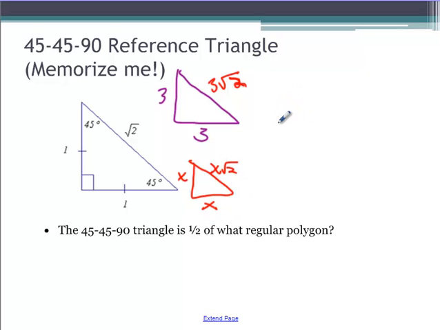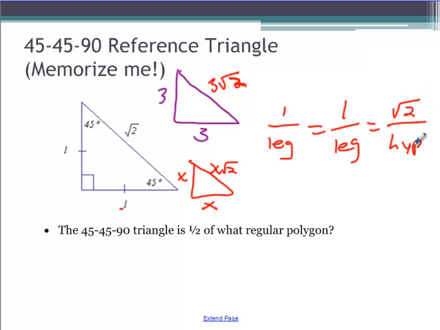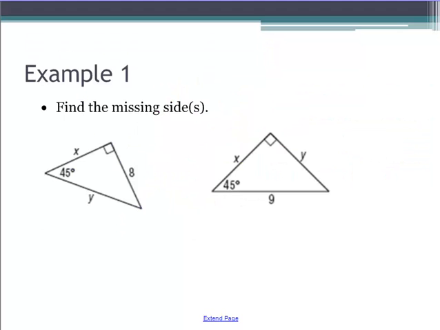I like to use a similar triangle proportion, 1 over the leg, because this is a leg, and regardless of which leg we're using, it's proportional. 1 over leg, because this one's also a leg, and square root of 2 over the hypotenuse. We're going to use this proportion throughout this entire section and even into the next couple sections.